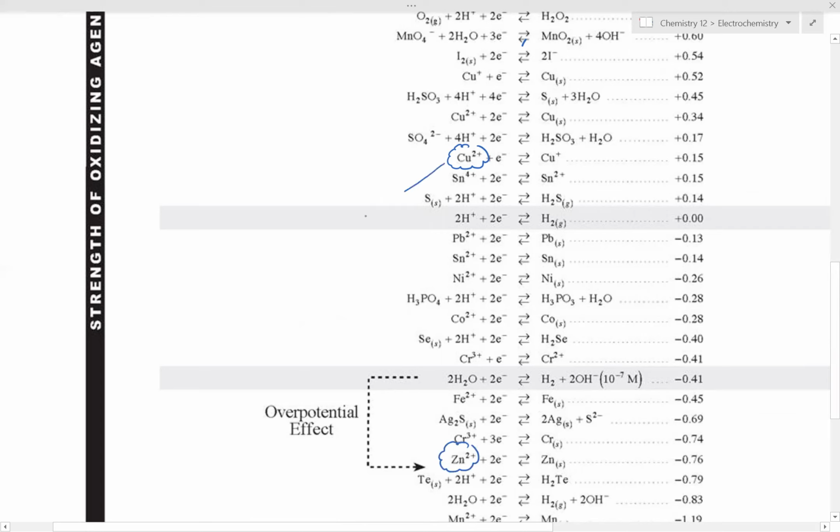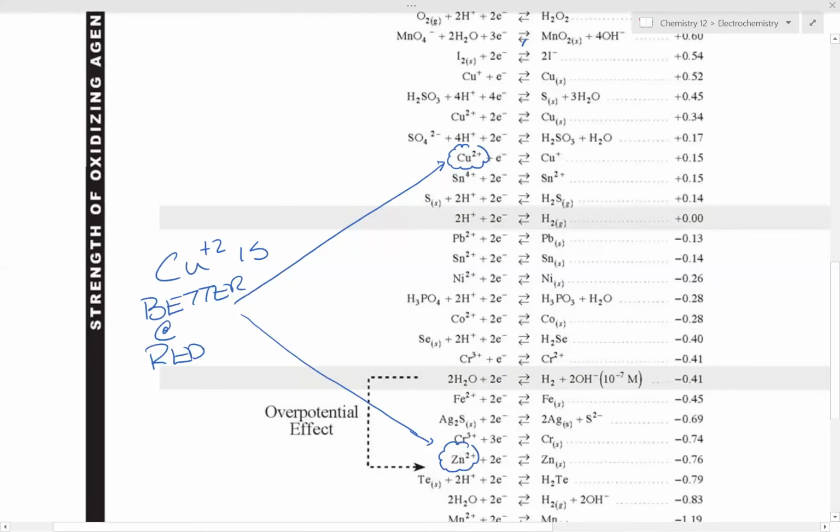In this case, if you compare these two, copper +2 is better at reducing. Okay, it's very similar to when we compare the strength of two acids, or the strengths of two bases. In this case, we're comparing the two ions. Which one is better at reducing?